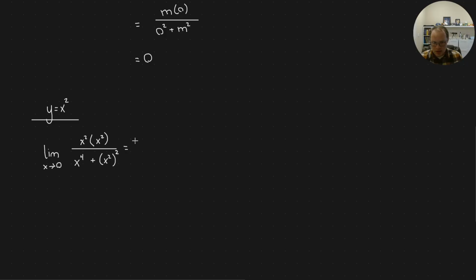Okay, and you could probably already see what's going to happen. I get x to the 4th on top, I get x to the 4th plus x to the 4th on bottom, which means on bottom I get 2x to the 4th, right? Those x to the 4ths I can cancel. With the x's gone, the limit is just 1/2.